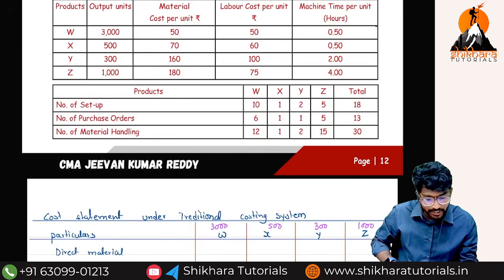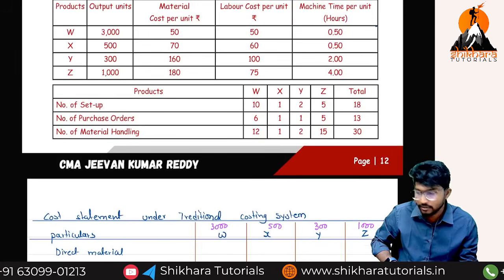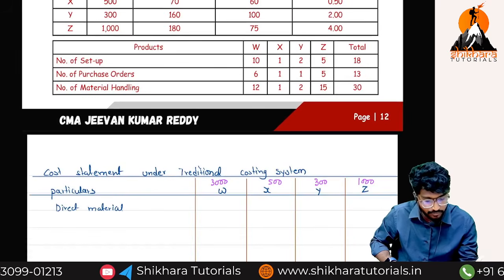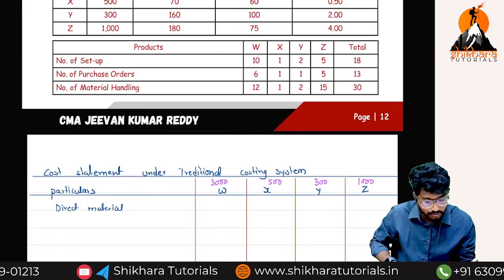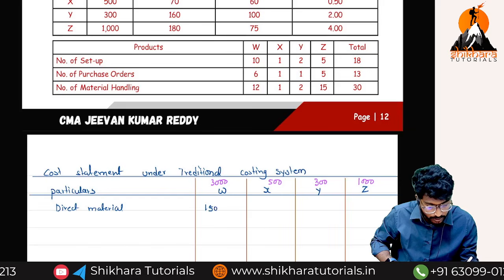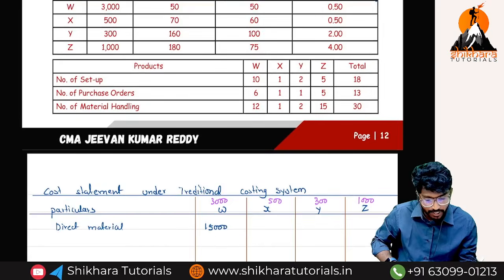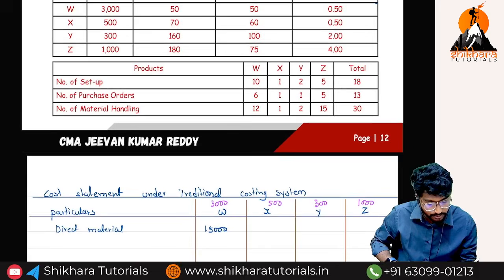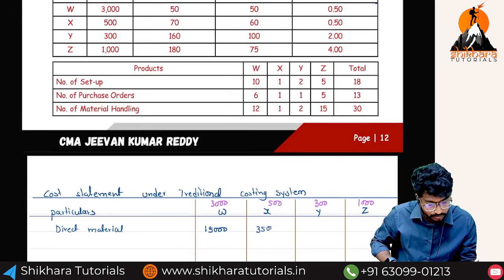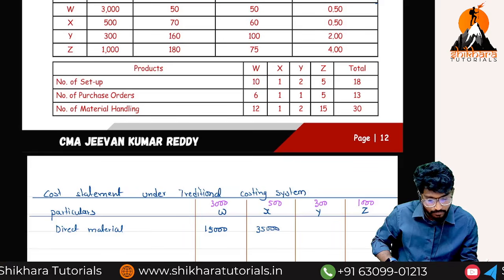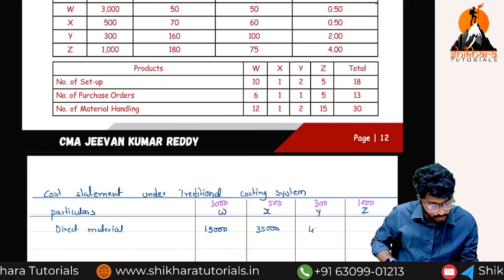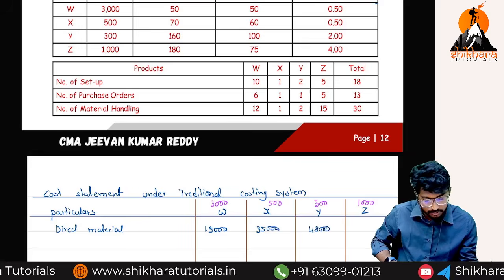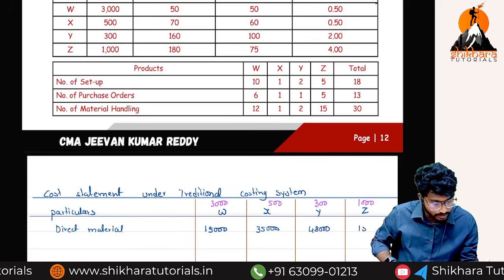Now what is the material cost per unit? 50. 50 into 3000 is 1,50,000. Next, for X 70 into 500, 35,000. Next, for Y 48,000. For Z 1,80,000.